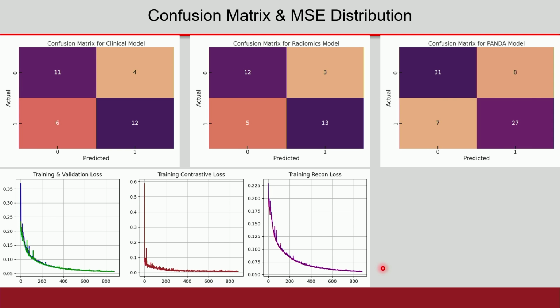And these are the confusion matrices for the clinical, radiomics, and PANDA models. Another thing that I want to say is that whenever you want to train a neural network, any kind of neural network, you have 2 options. First, initialize your weights based on random values, or usually get some pre-trained weights, such as ImageNet-based.